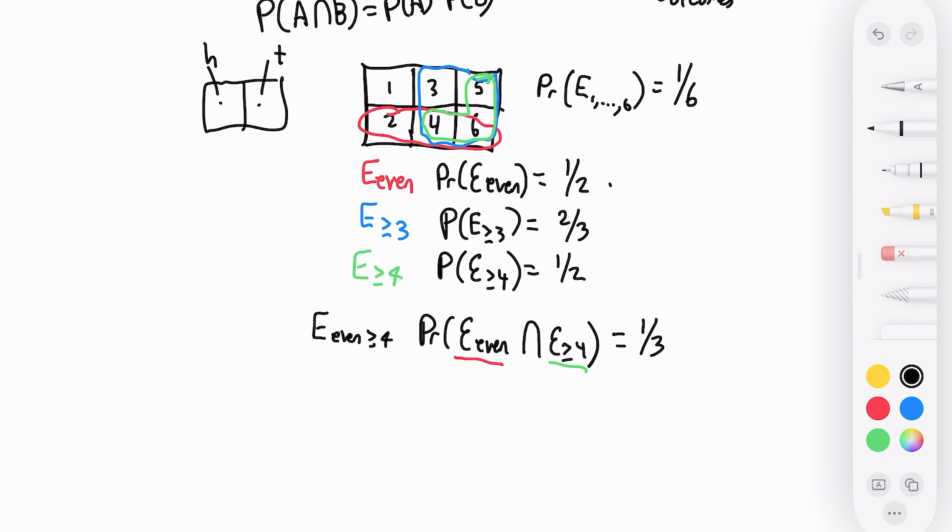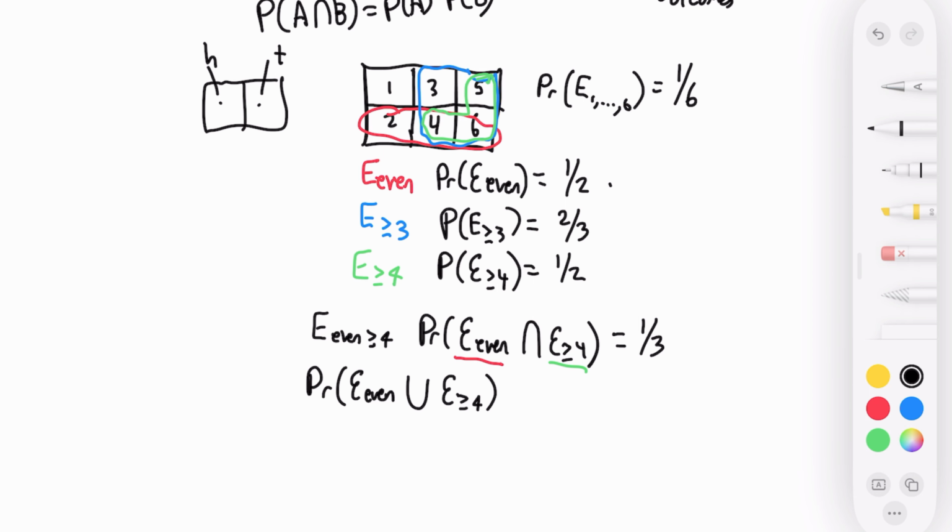The other thing we can do is a union operator. So we can say the probability that my number is even, or the event that the number that I roll is greater than or equal to 4. Once again, for set union, you just find the elements contained within both sets.